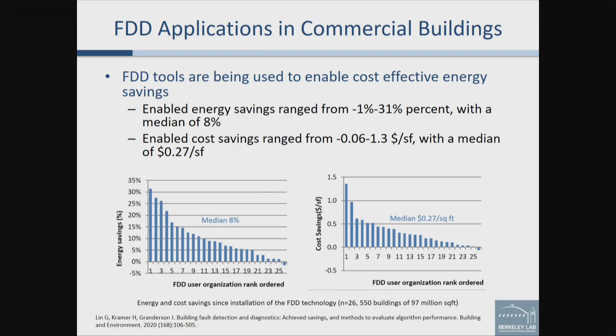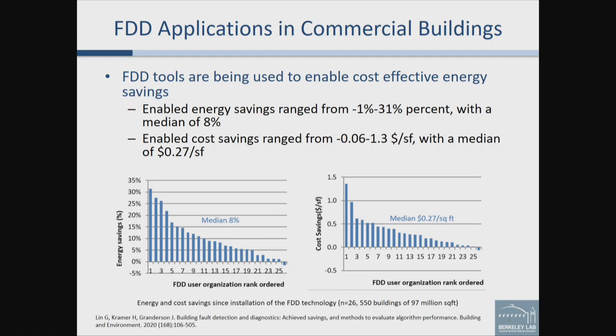In that project, we collected energy consumption information from these organizations, the energy consumption before they installed this FDD technology and after they installed it. From the comparison of this energy performance before and after, we see the energy savings and cost savings enabled by the FDD tools.